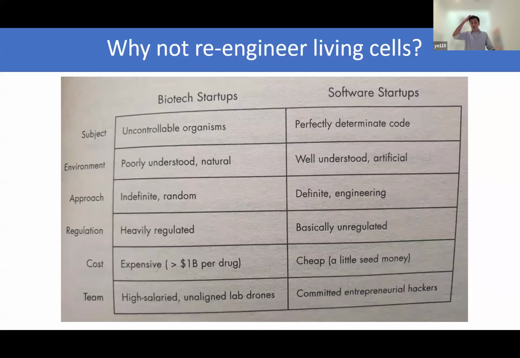With software, everything's known, everything's perfectly understood, everything's determinate. You're working with code. Same with the environment. A bacterium or a living cell is poorly understood. I personally think it's impossible to fully understand what every molecule in a bacterium or a living cell is doing. It's far too complex.